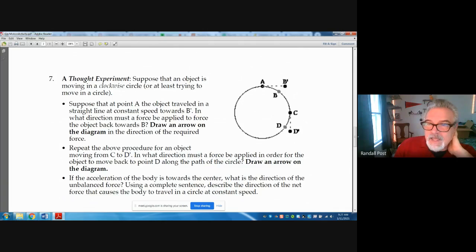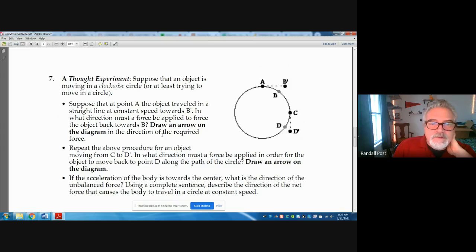If the person at A lets go, they will leave the circle at B prime. Okay, draw an arrow in the diagram in the direction of the required force to get the person from B prime back to B. Do the same thing for C and D.